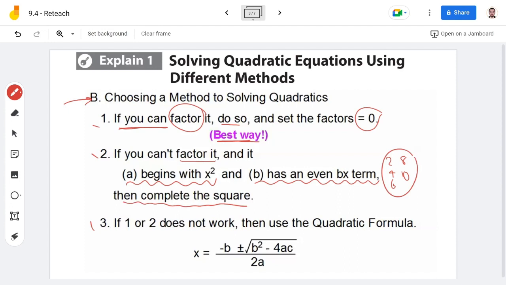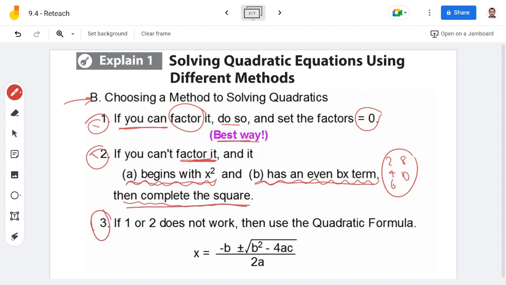So as you can see here, if you can't do the first step, now go to the second step. If a begins with x squared and b has an even number, always complete the square. Clear?